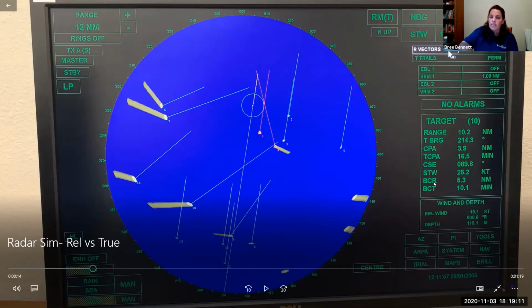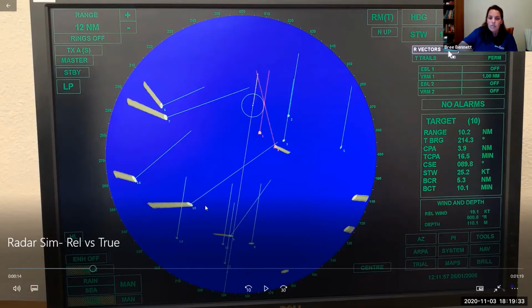And then can anybody guess what BCR or BCT is? It's bow crossing range and bow crossing time. So when is it going to cross our bow, our heading? That's what we're looking at for the bow crossing.